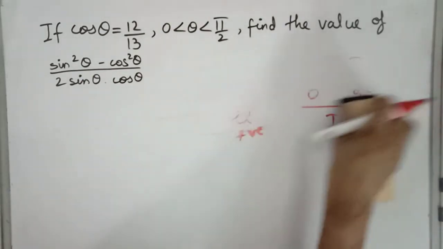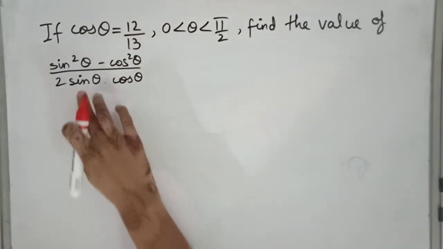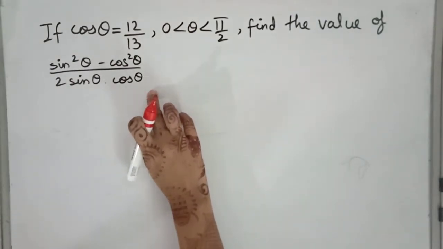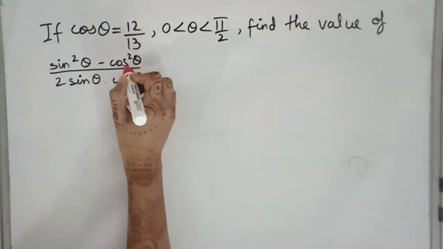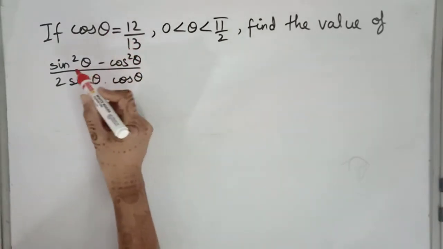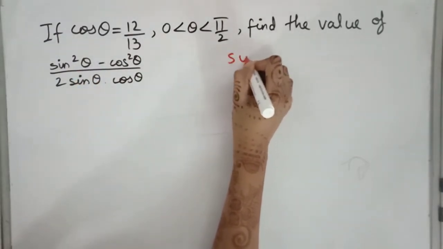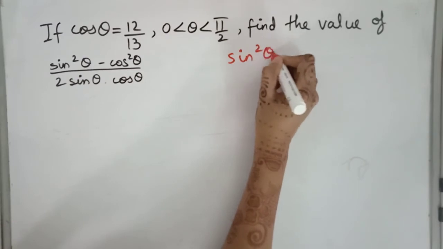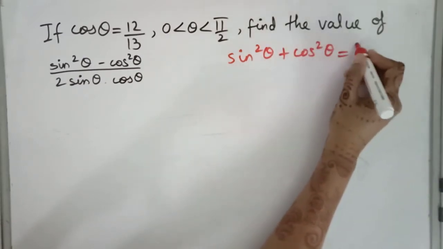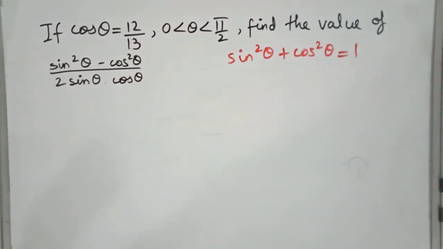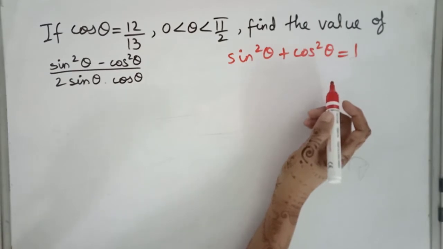So now we have to find the value of sin square theta minus cos square theta upon 2 sin theta into cos theta. Now we are given cos theta, we don't have sin theta. To find sin theta, we have a formula: sin square theta plus cos square theta is equal to 1.